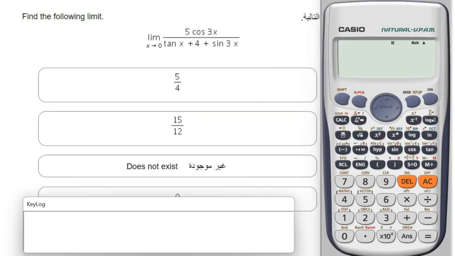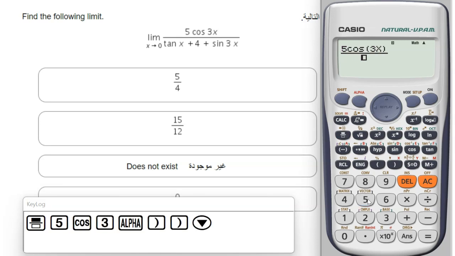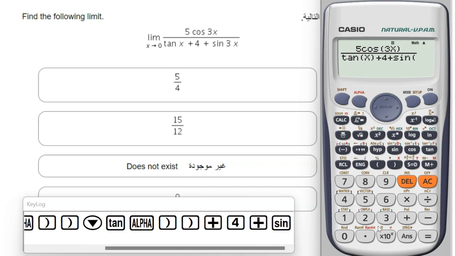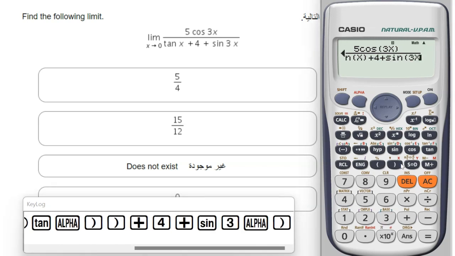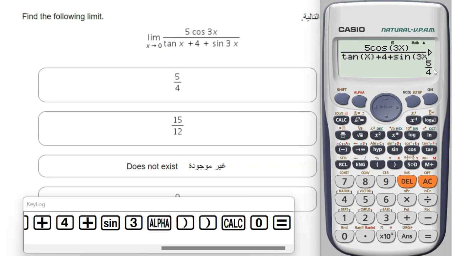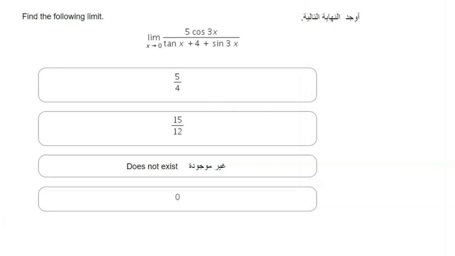You can also use it for limits on the trigonometry. So let's pick the fraction, and then 5 cos 3x divided by tan 9x plus 4 plus sine 3x. Close it. We calculate and it approaches 0. Let's put 0 and then we get 5/4. So we can do it without the calculator.